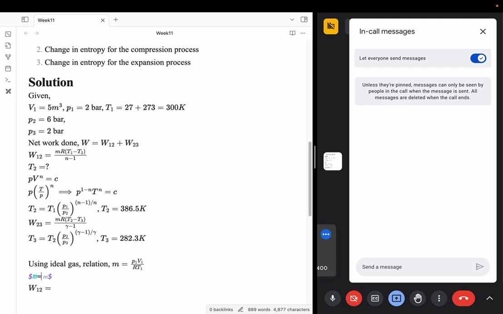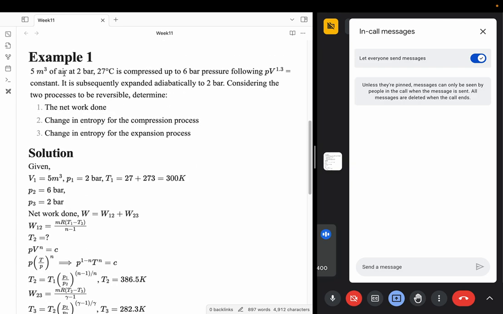Pressure is 2 bar, volume is 5. What should be the value of R? So here we're assuming air.